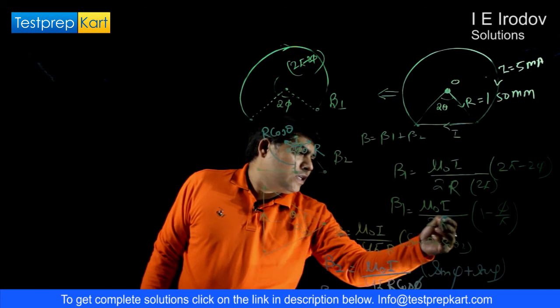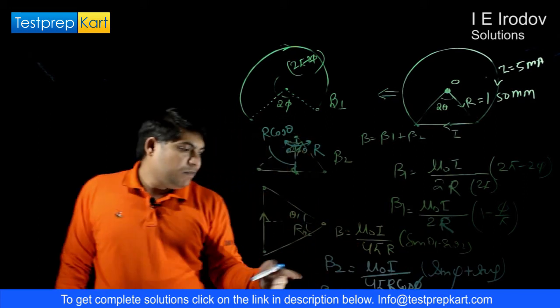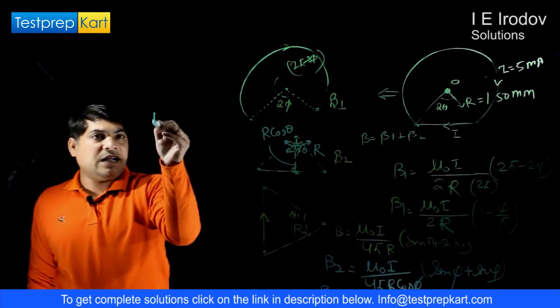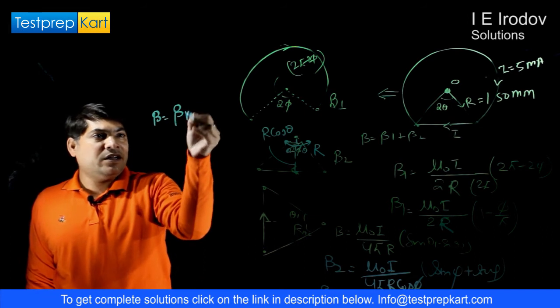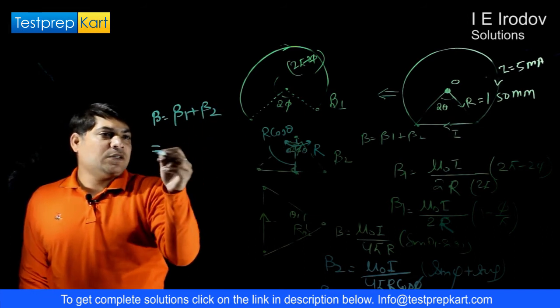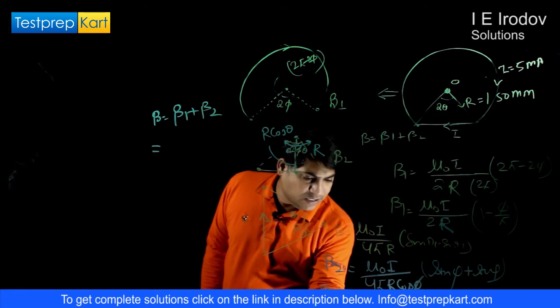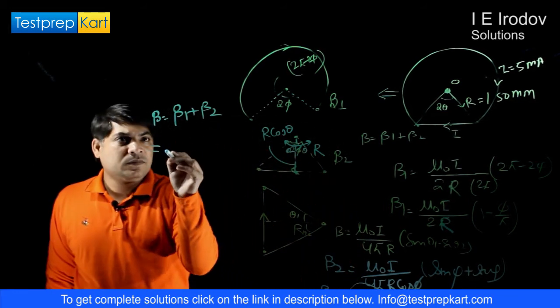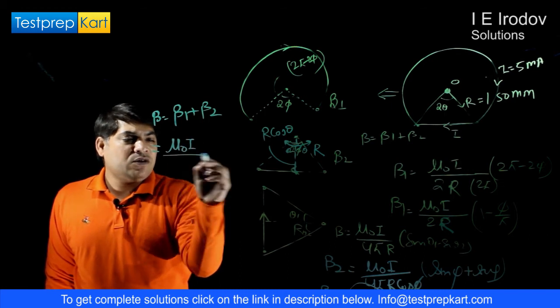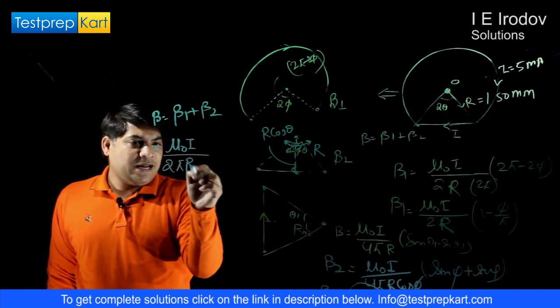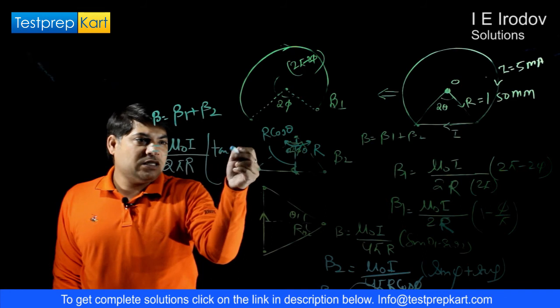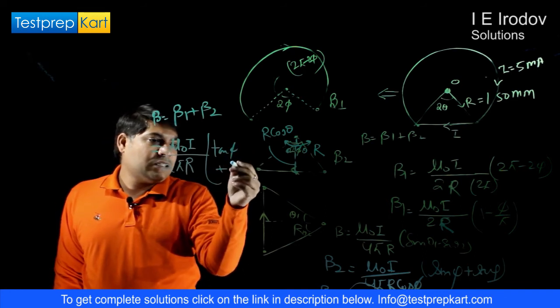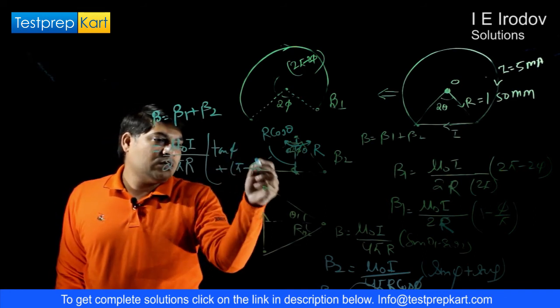Here we just missed the term R. So the net magnetic field B equals B1 plus B2. You can see this term mu naught I over 2 pi R is common, and this is tan phi plus pi minus phi.